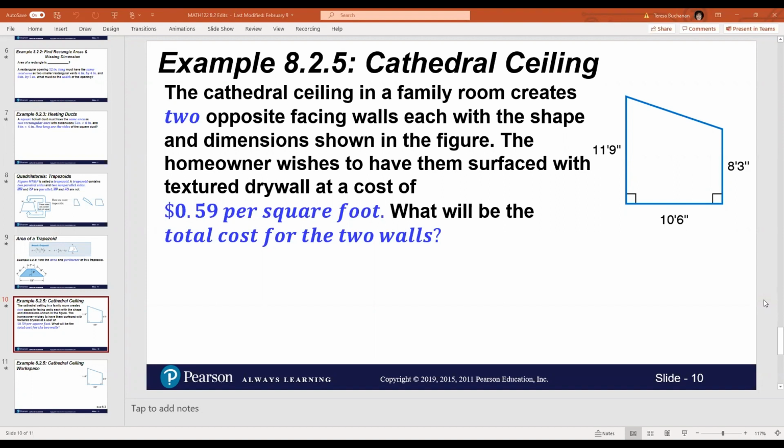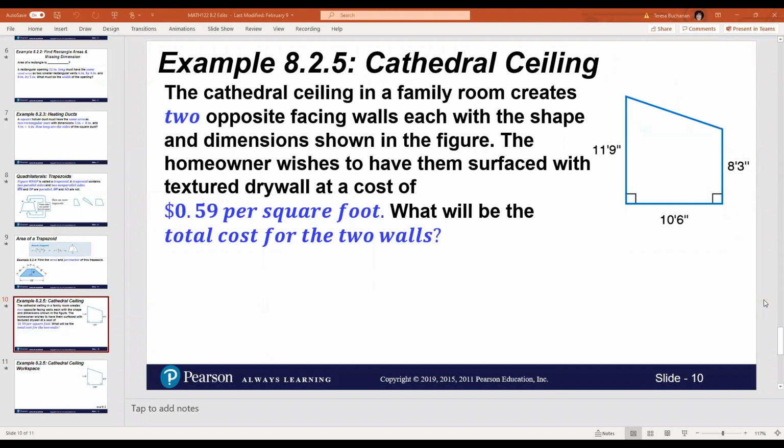So without too much thought, you would probably recognize that there are a couple of ways you could do this. You could go into this as if you were going to separate out the two figures, create right angles there, and find the area of this triangle here and the area of the rectangle, multiplying all that by 2 because you've got two walls.